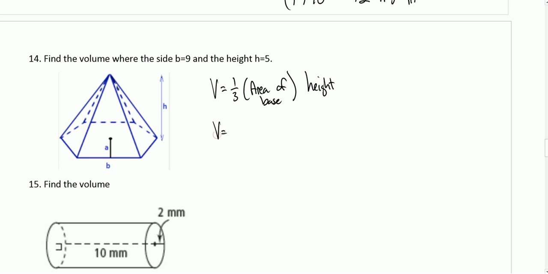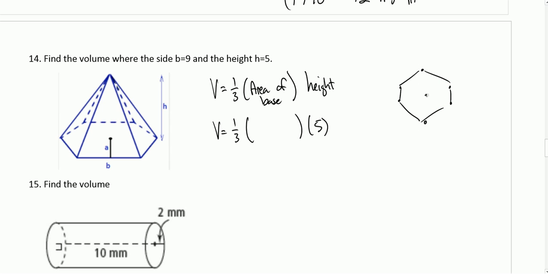So we know that the height is 5, and we need to work on the area of the base. So for the base, we have this hexagon. Should be a regular hexagon.